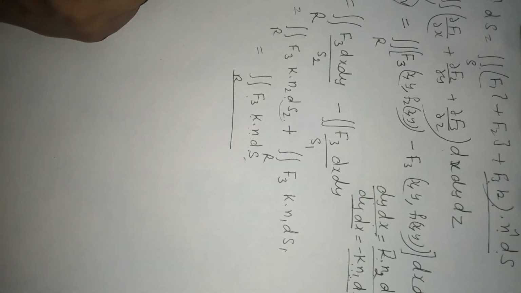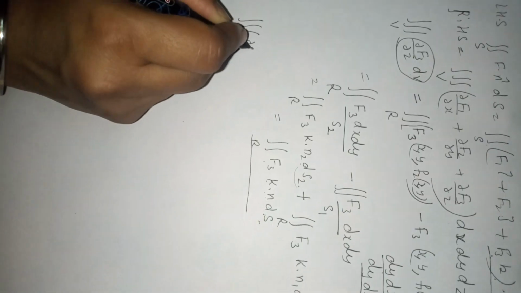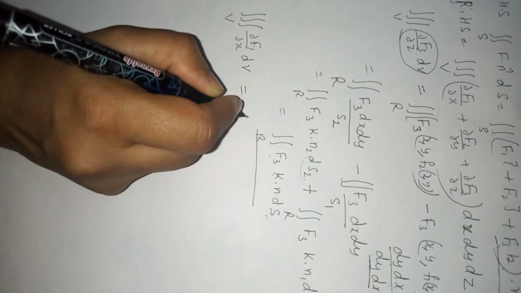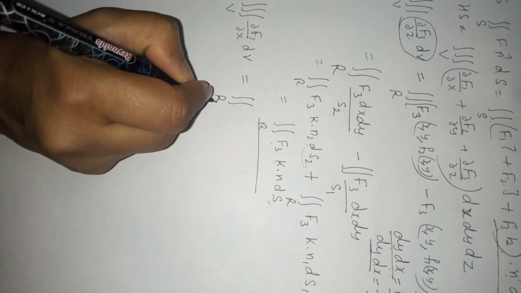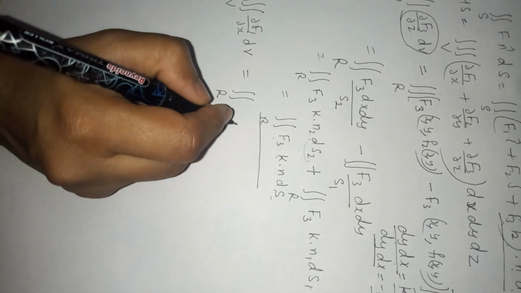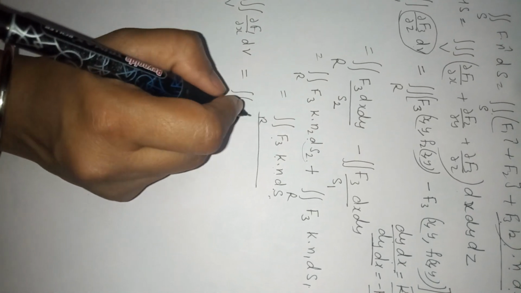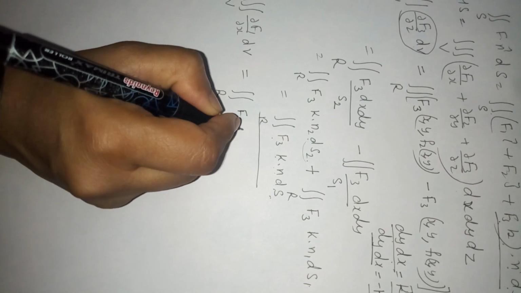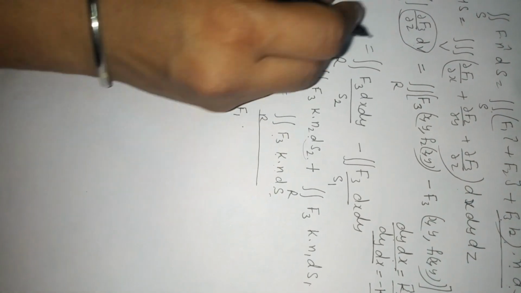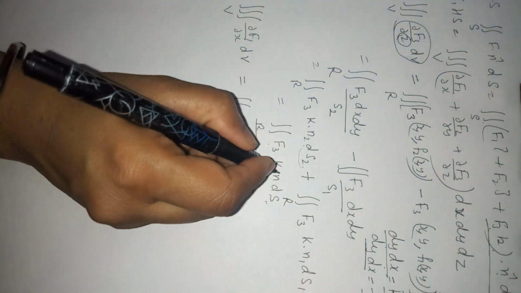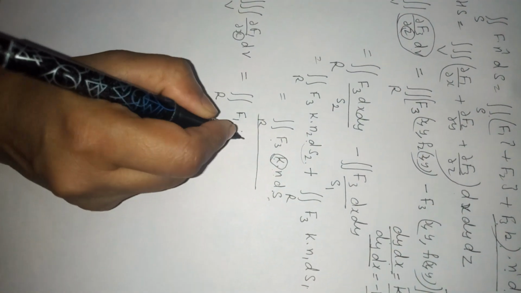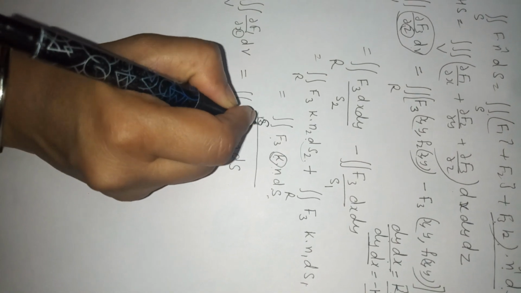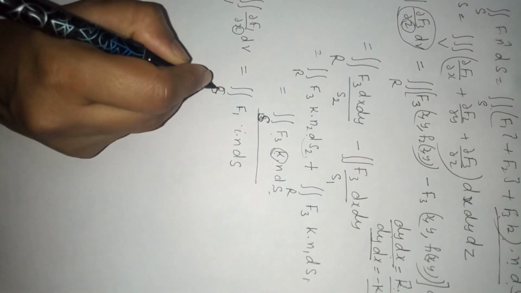Similarly when we solve the volume integral of del f1 over del x dV, you will get the double integral over the surface of f1 i dot n dS, and this is the surface integral.